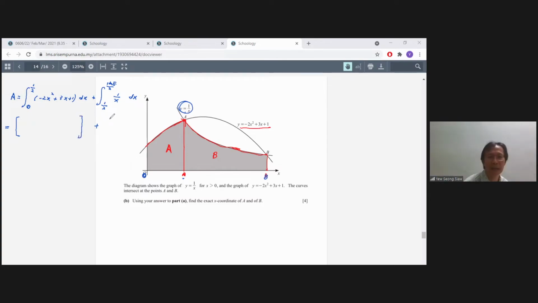You know how to do already? Yeah, I still do. Can do already there. Just this one, 1/x. When you integrate 1/x, answer is ln x.